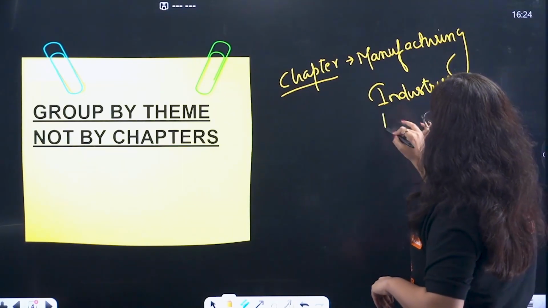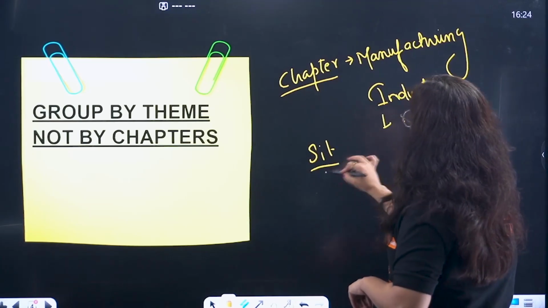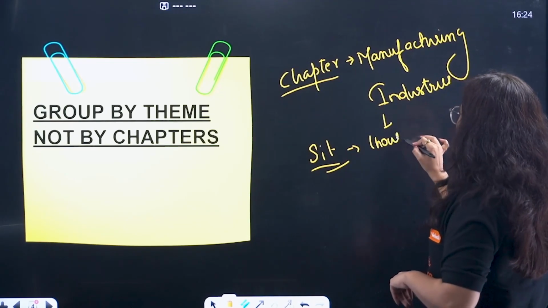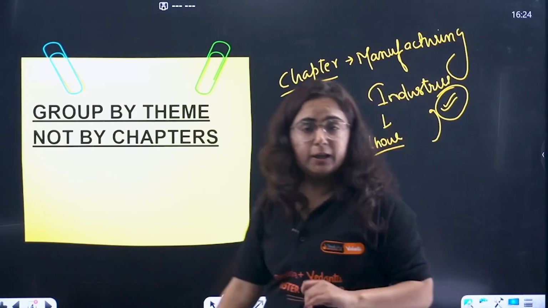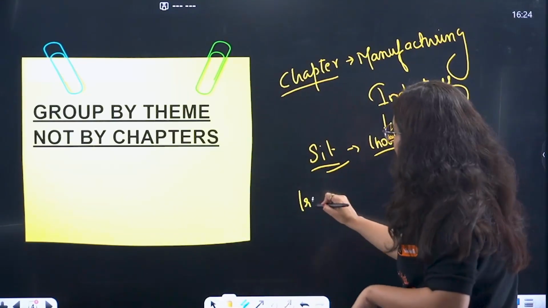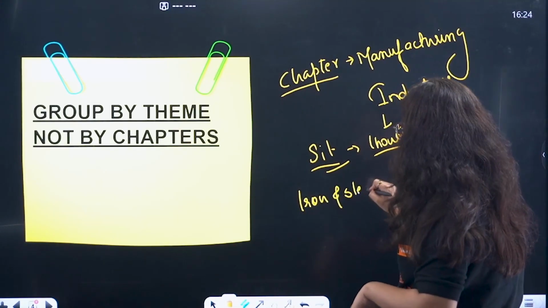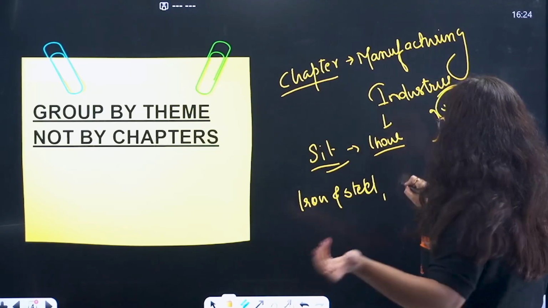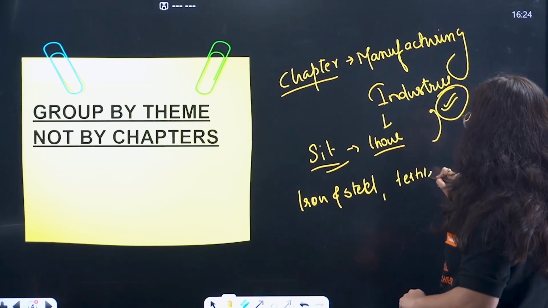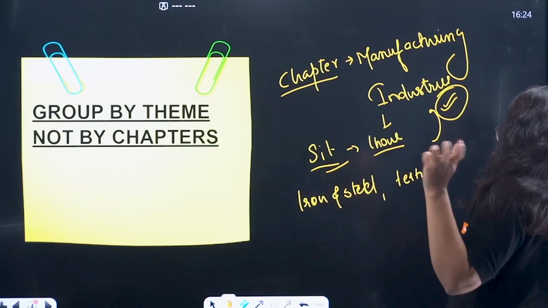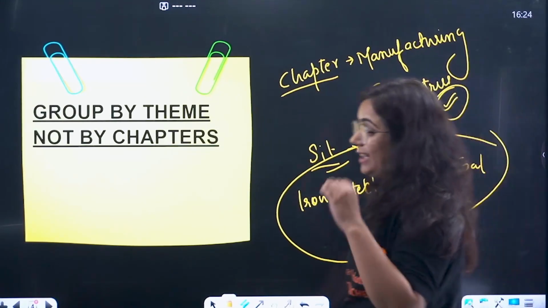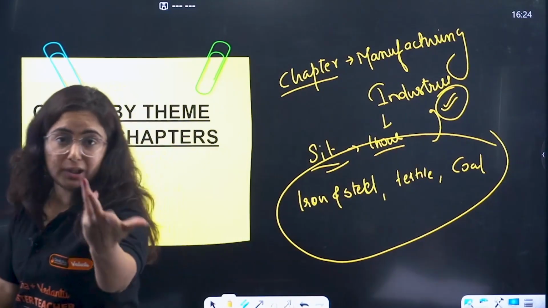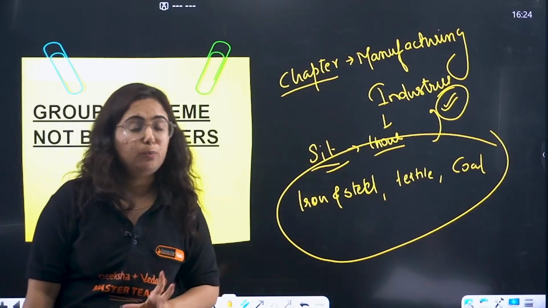What I can do is sit here for 1 hour and complete this entire chapter. Do you think that you can do that? There are a lot of industries like the iron and steel industry, textile industries, coal industries. All of them can be remembered by you at one single time, where multiple locations are even the same, no?